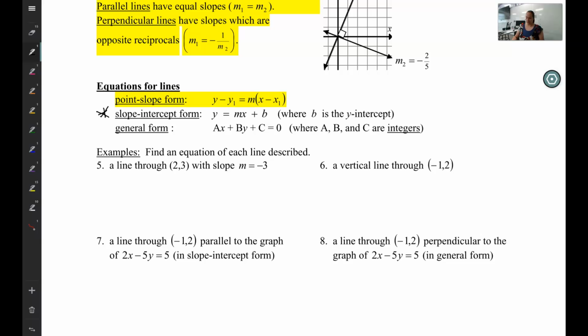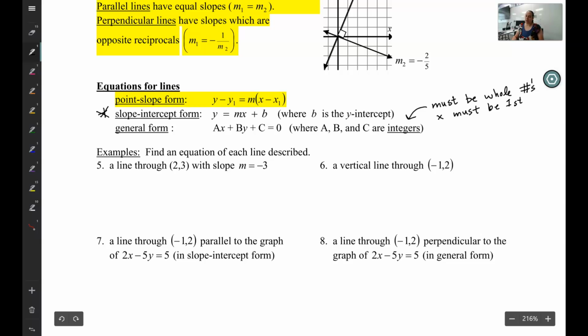You also have general form. Couple quick notes about general form. Your numbers in general form, not your variables, your numbers must be integers, aka must be whole numbers. You cannot have fractions when you are doing general form. Also, your x variable must be first, not y.